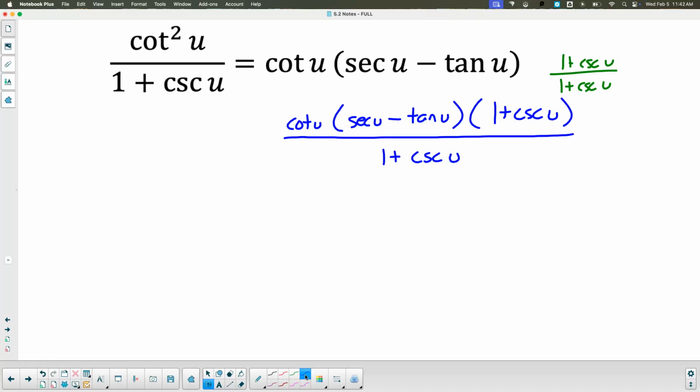So you're telling me this middle blue is really 1 minus sine over cosine. Yeah. And then the one on the right ends up being 1 plus 1 over sine. 1 plus 1 over sine, yeah.